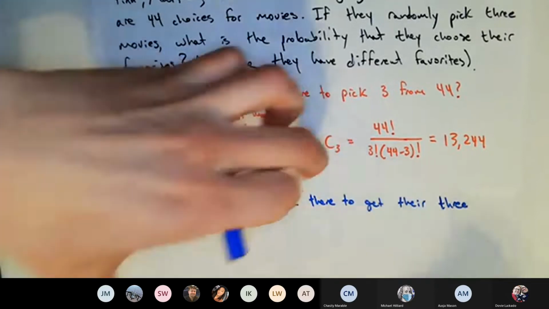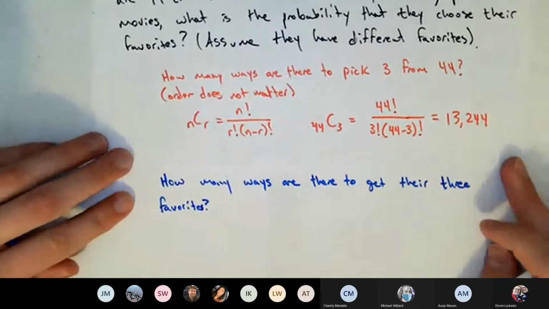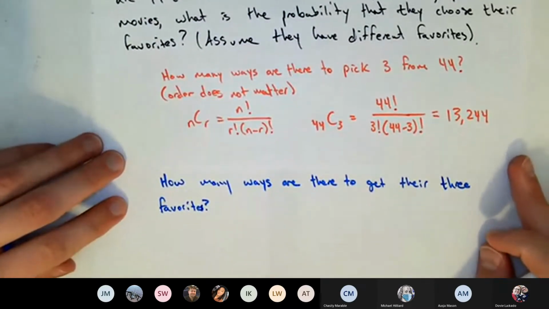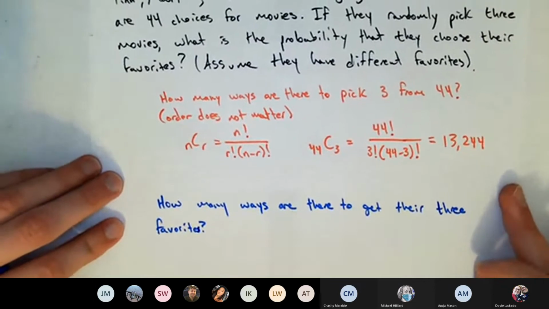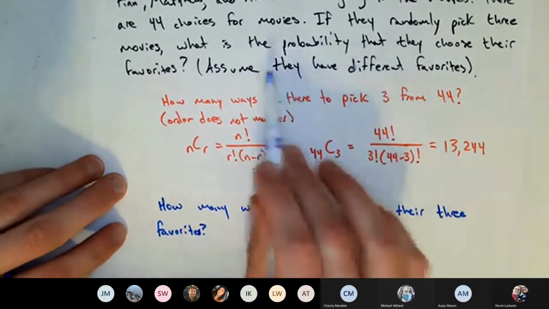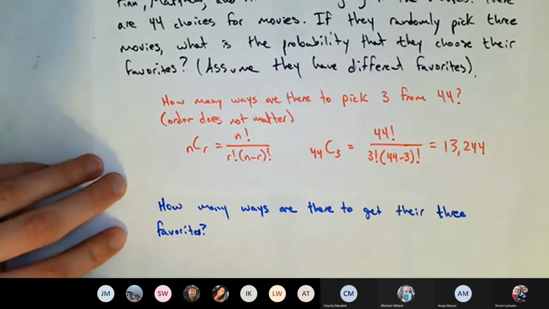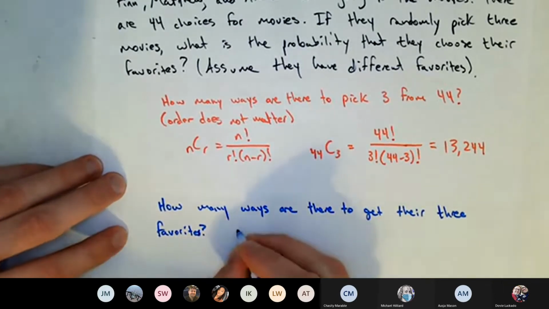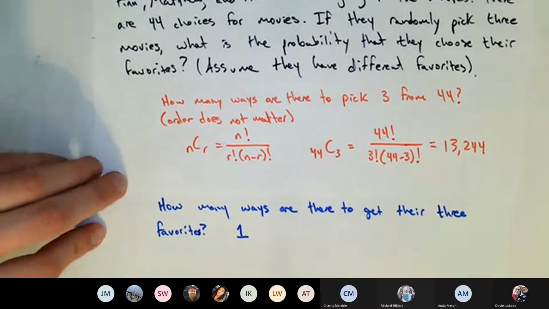How many ways are there to get their 3 favorites? Well, they each have one favorite, distinct, right? They have different favorites, and they're picking 3 movies, and there's 3 people, so there's only one way.